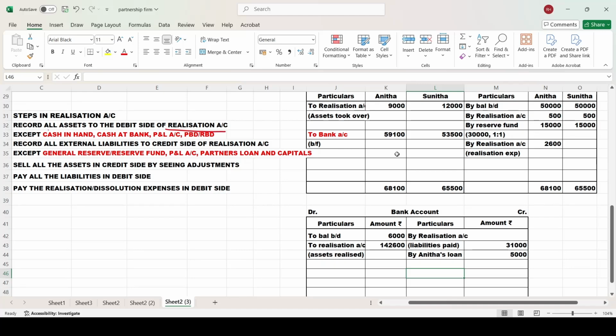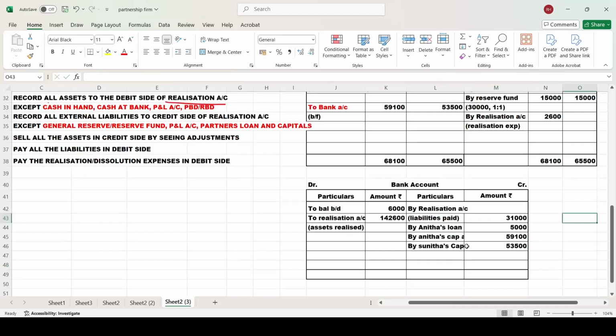Here you can see bank is on the debit side, so it will come to the credit side. We'll record one by one: by Anita's capital account, we have to pay 59,100 to Anita, and by Sunita's capital account 53,500. Fine, we have recorded everything.